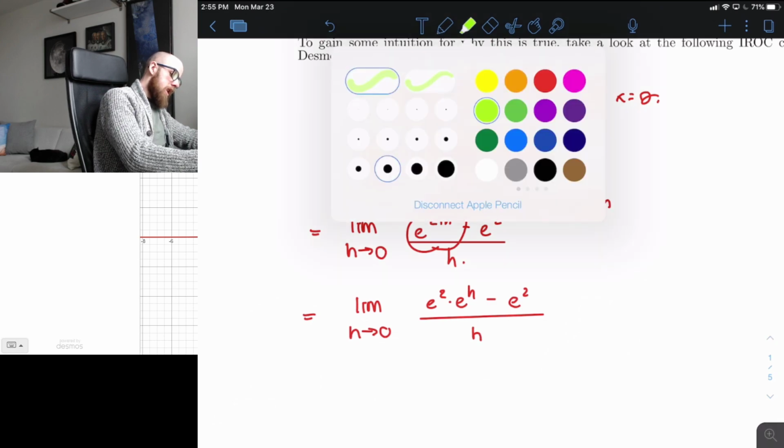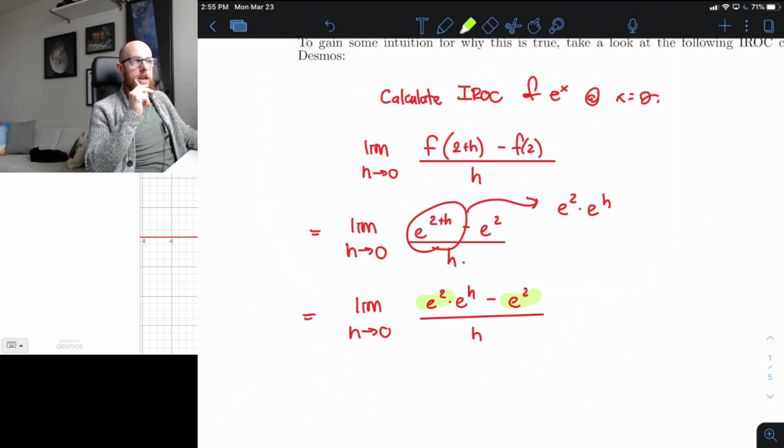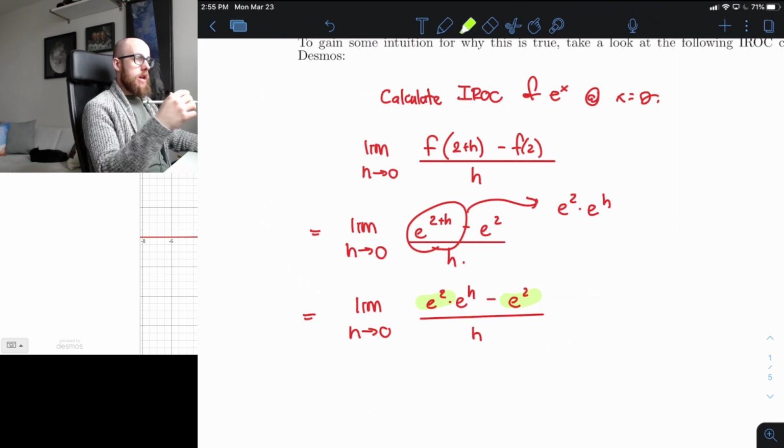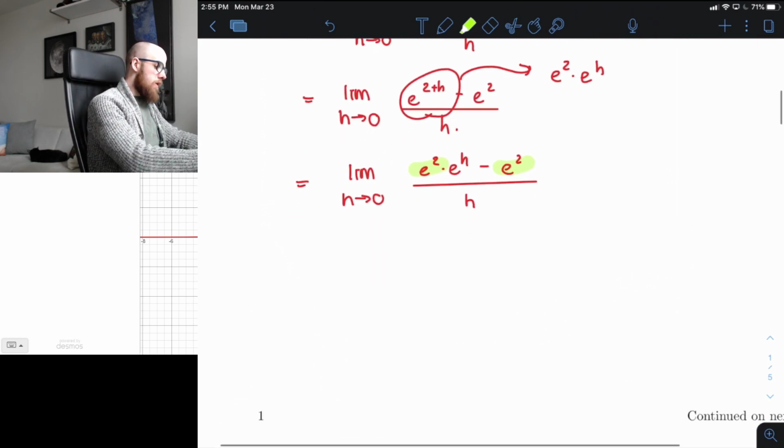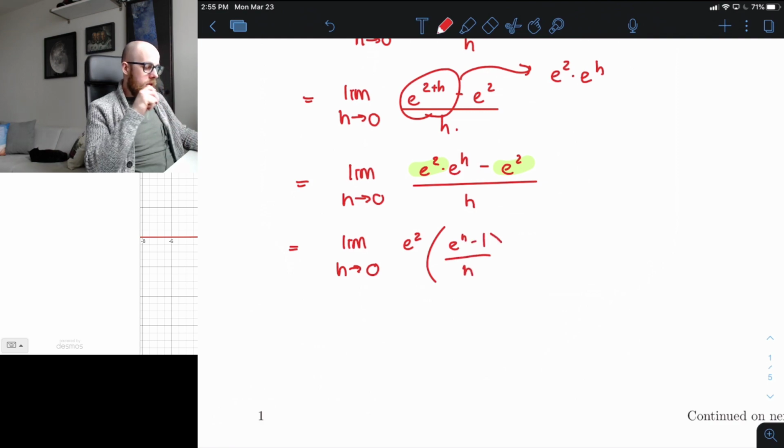And now what I recognize here is that both of these terms in the numerator have an e to the power of 2 in it. So what I can do is factor out an e to the power of 2. So I get limit as h approaches 0 of e to the power of 2 times, and then all the things that are left over here. So I get e to the power of h minus 1 over h.